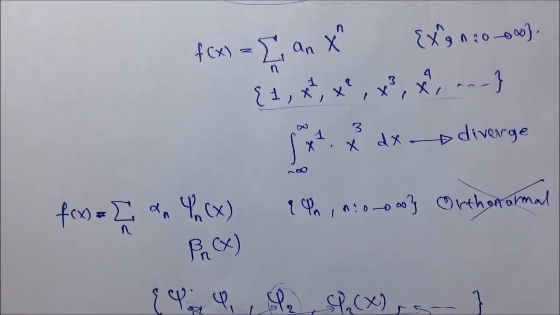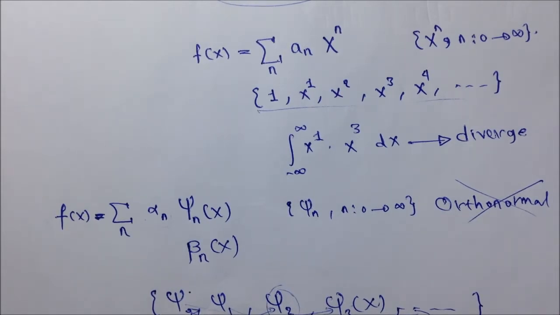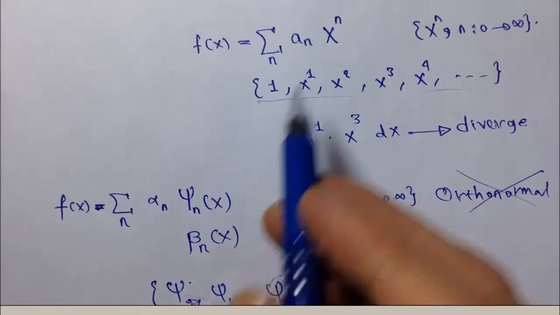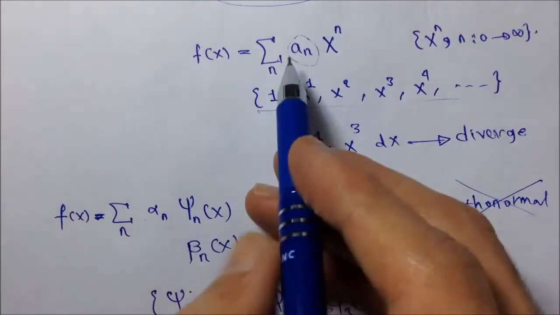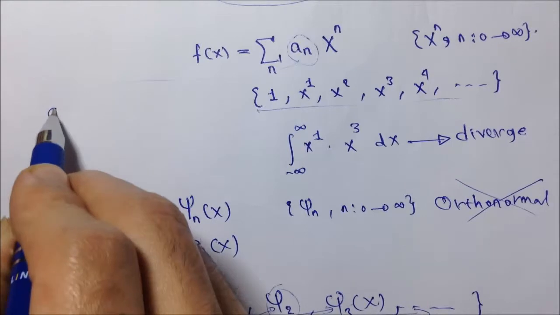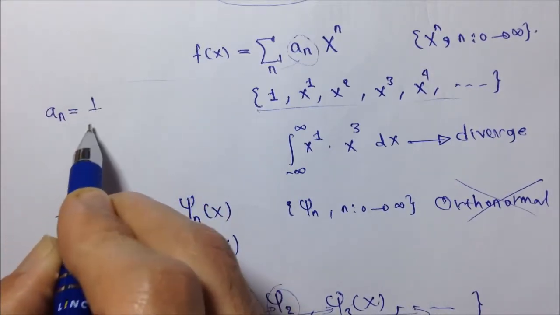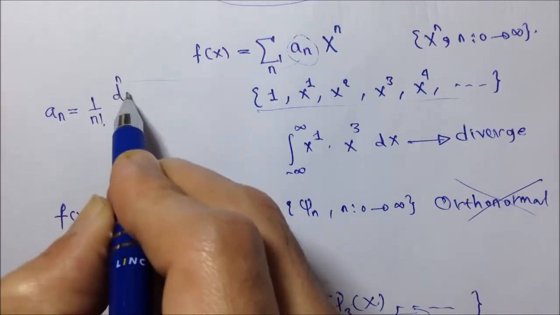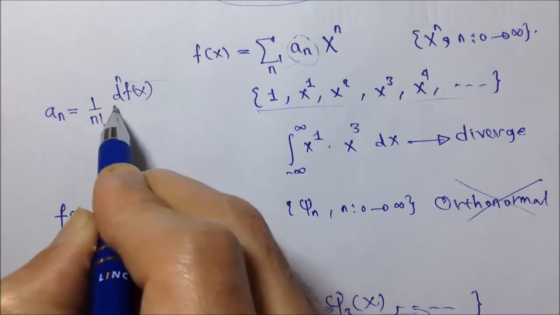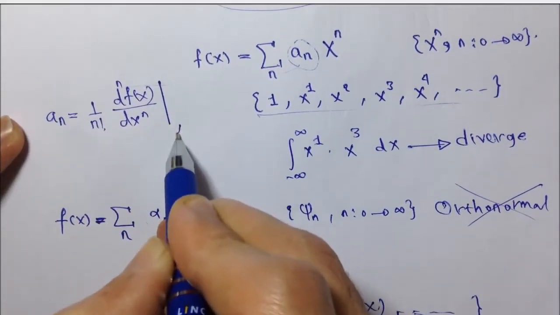But for the moment, let's just remind you of the method that we learned to evaluate the coefficients in Taylor series. The formula was simply a sub n equal to 1 over n factorial, and then the nth derivative of f of x while substituting x equals 0.